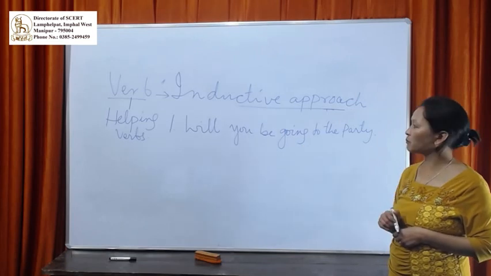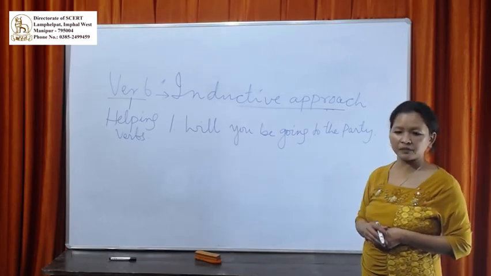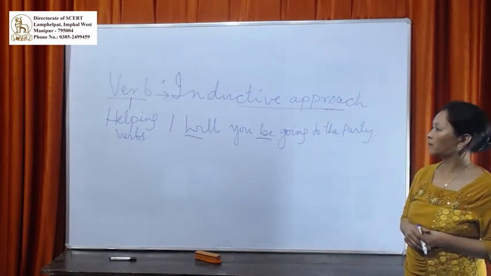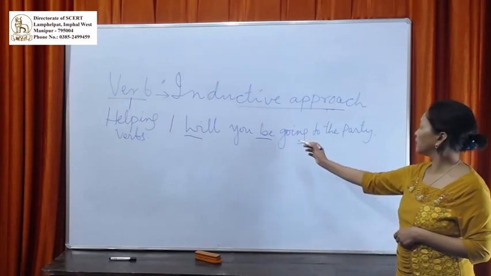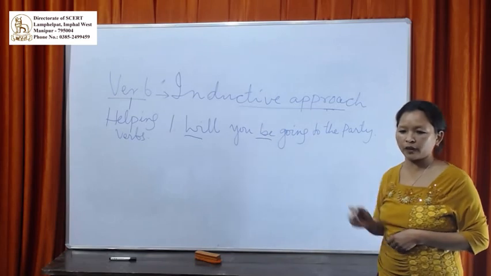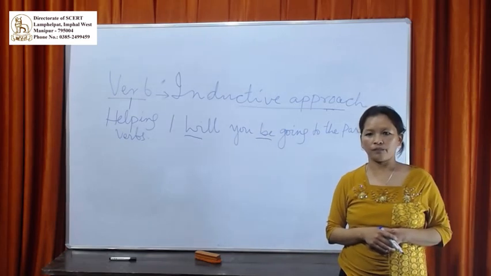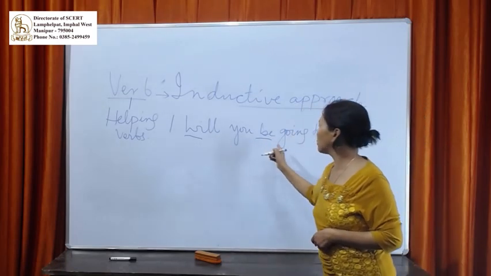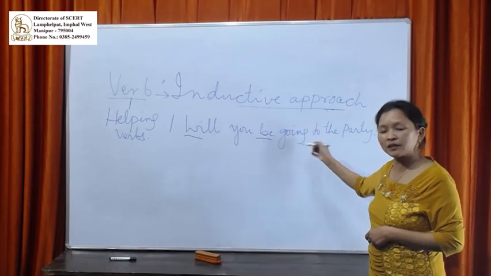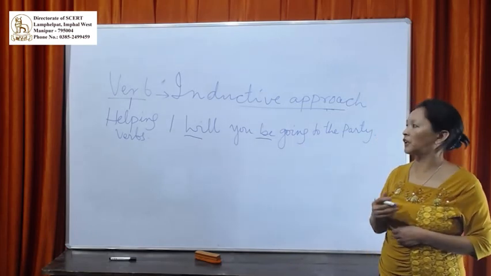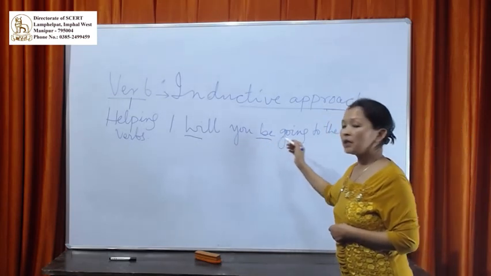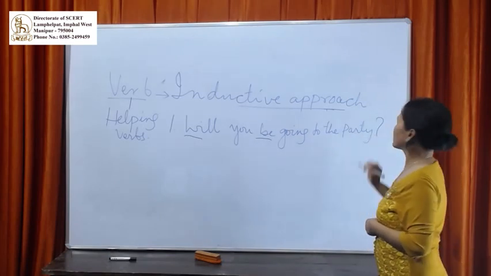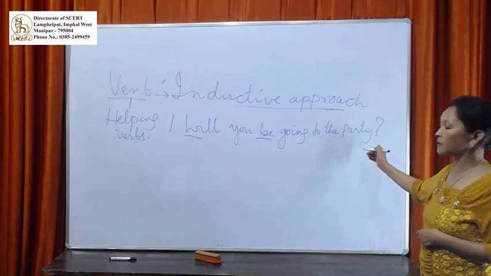The verb is going, but where are the helping verbs here? Will and be. Will and be help the verb going. If there is no will and be in the sentence, even if there is the verb going, we will not have a clear meaning. But when will and be help the main verb going, then we can have a question.